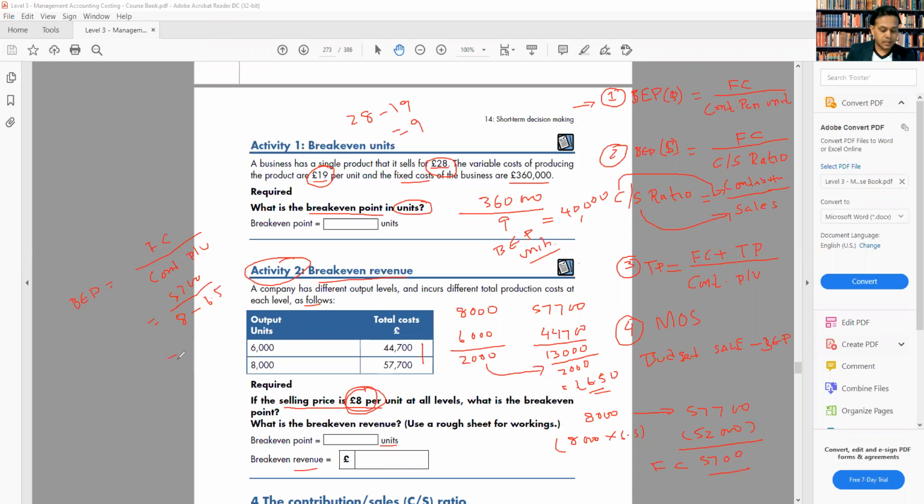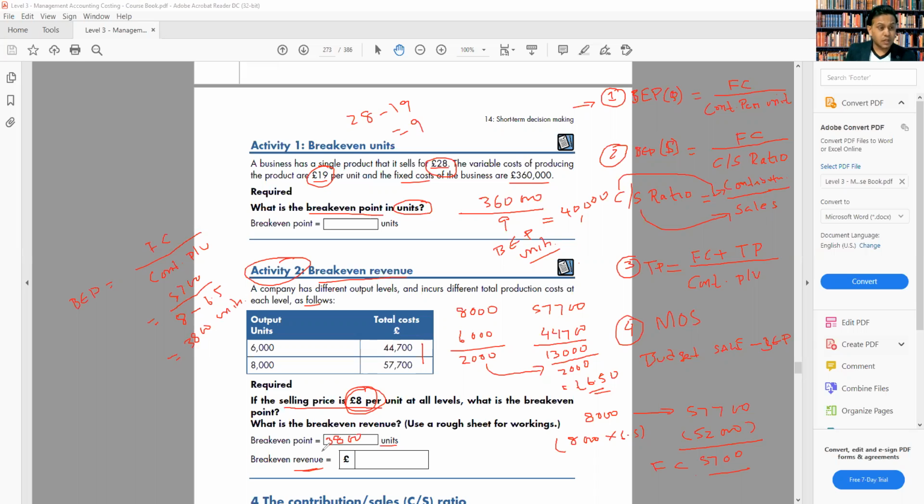And that will give me the contribution. So obviously, if I divide that, that will give me the break-even unit. So how much is it? So we have 5,700 divided by 1.5. So that is 3,800 units. So that's my BEP. So I'm going to write 3,800 units.